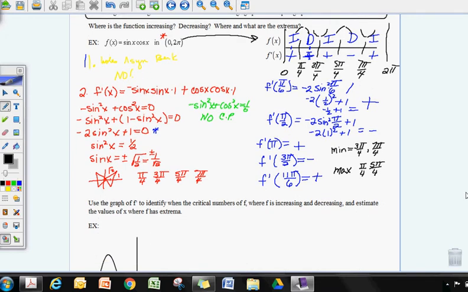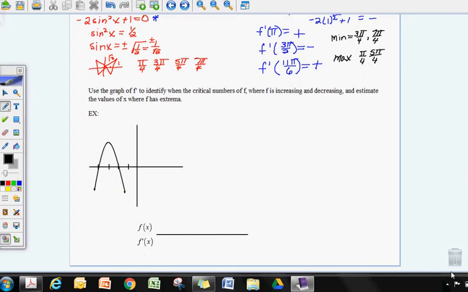So now we're switching gears a little bit. There's not going to be any trig, but you need to understand what's going on. So I'm changing colors, changing to red. First thing it says for us to do is use the graph of f prime. So I am going to label this. This is f prime. This is the graph of the derivative. That's what it looks like. And they want us to identify the critical numbers of f.